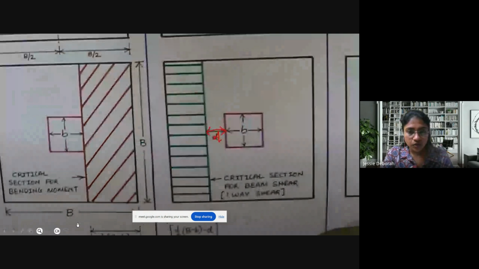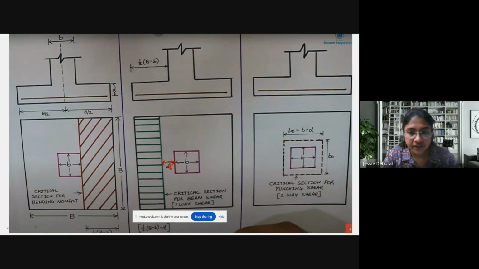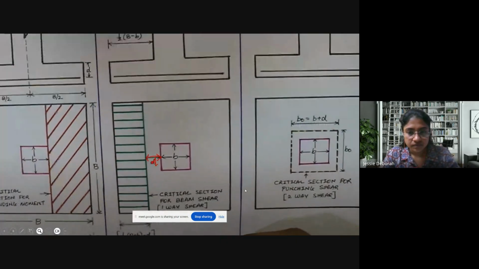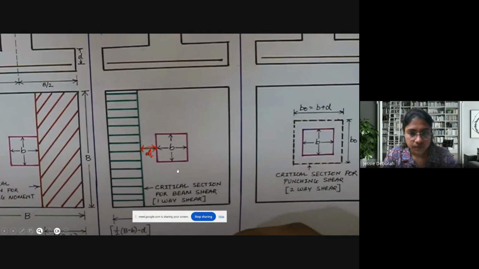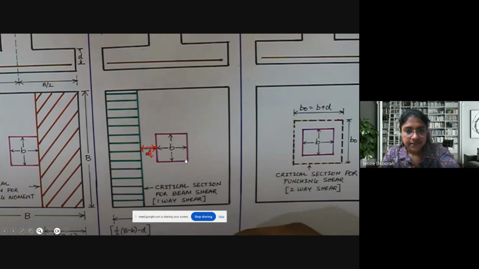So now if you see here, this distance is going to be half of capital B minus small b minus d. Is this clear for everyone? This is your capital B, you know your small b.